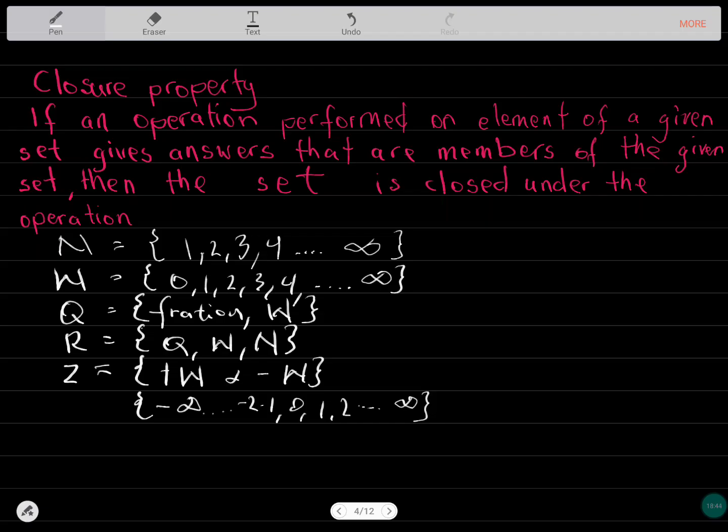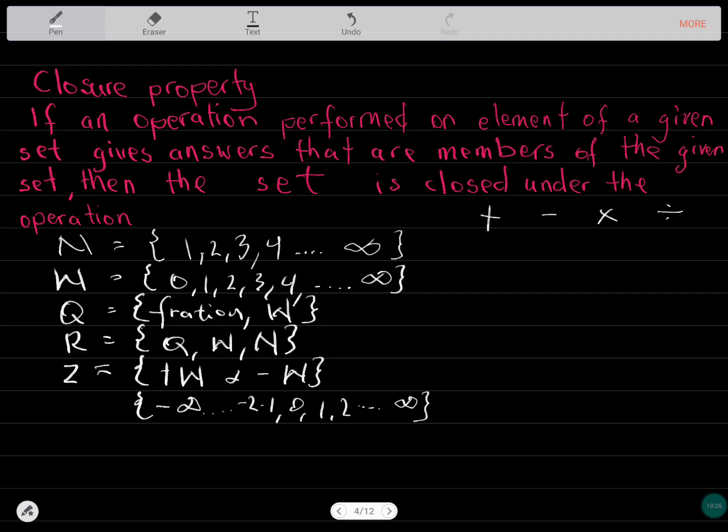Now, why are we studying this? We are studying this because the 4 basic arithmetic operations are not closed under all of these. Only the set of integers, rational numbers, and real numbers are closed under subtraction.